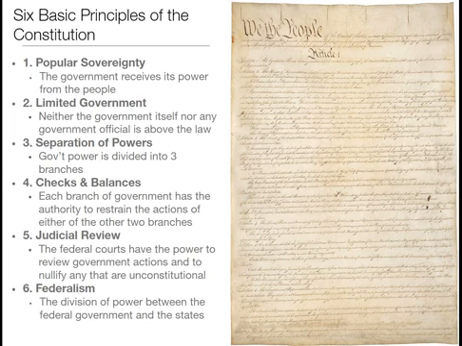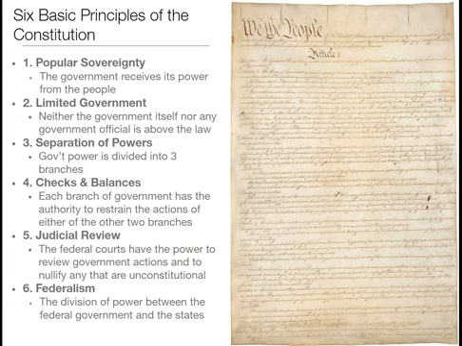Number 5, judicial review. The federal courts have the power to review government actions and to nullify any that are unconstitutional. So even though Congress may pass a law, if the federal courts find that it is unconstitutional, they can strike that law down. Again, providing for that balance that needs to happen.